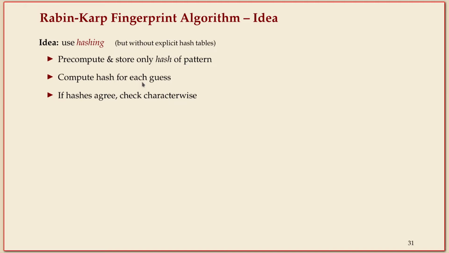If it's different people, they have different fingerprints and vice versa. For hashes, this is not quite the case. You can have the same hash and still be different. So if we find that the hashes of the pattern and the portion of the text agree, we still have to check all the characters to see if it's a real match or just a spurious false positive. But hopefully we don't have these often.